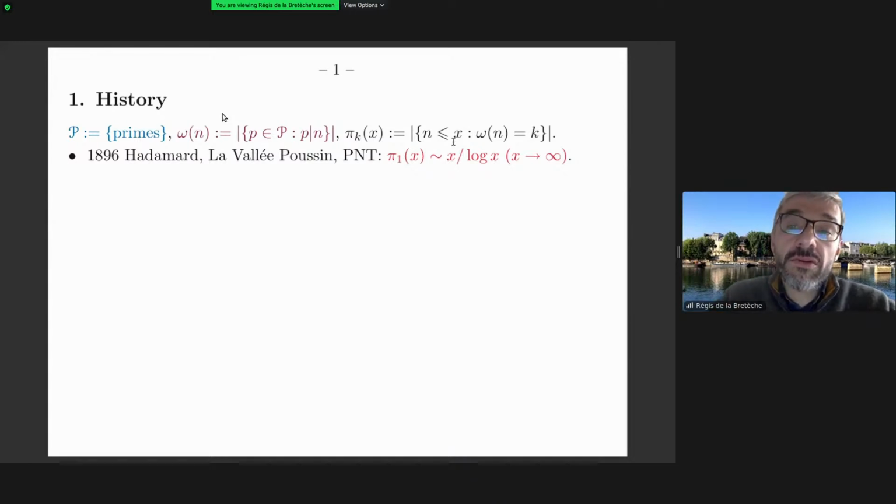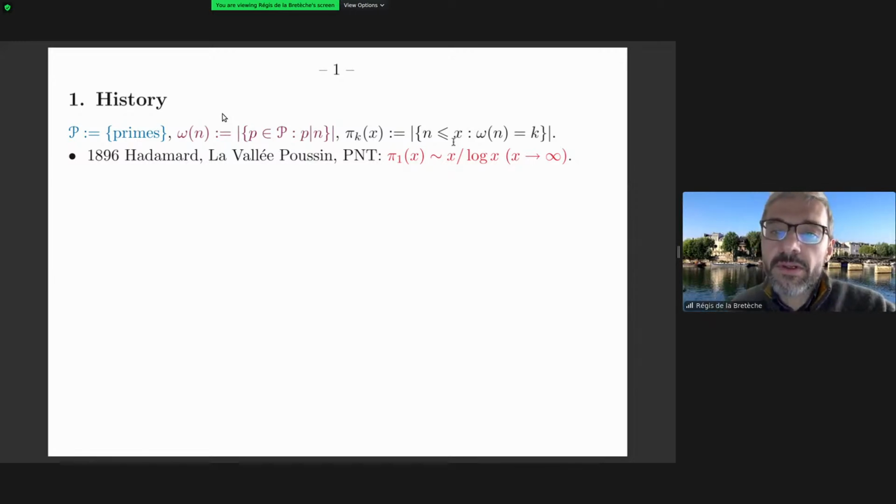Okay, so of course, if I do a historical presentation, I begin with Hadamard and de la Vallée-Poussin's result about the prime number theorem.